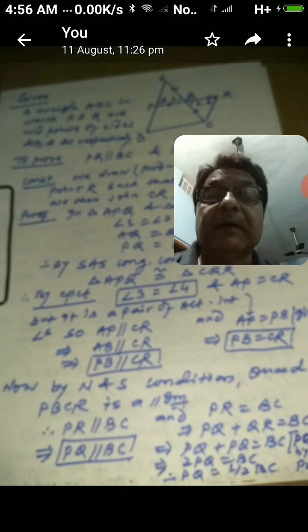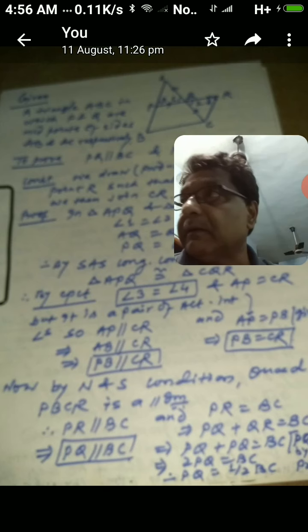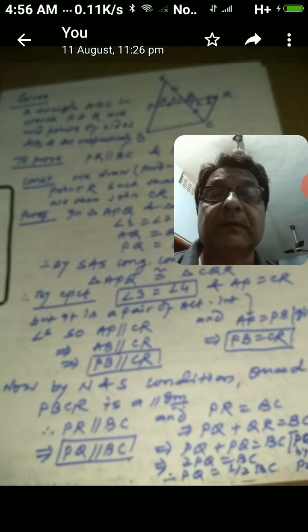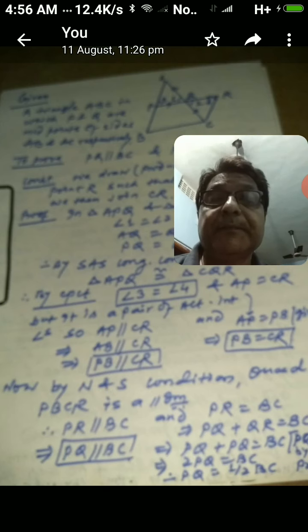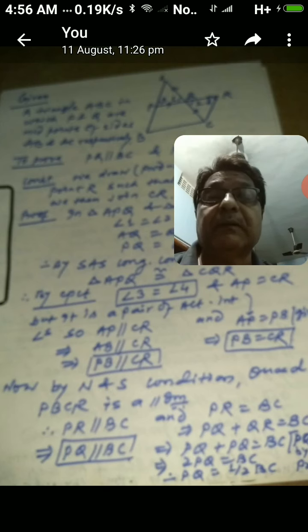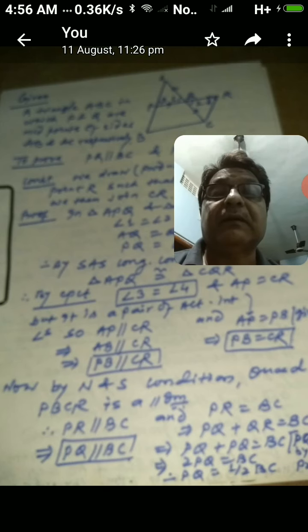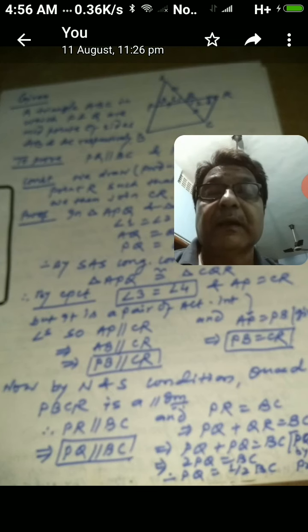So already we have seen in the second part of this topic that if only one pair of opposite sides of a quadrilateral is parallel and equal, then by the necessary and sufficient condition, that quadrilateral becomes a parallelogram.